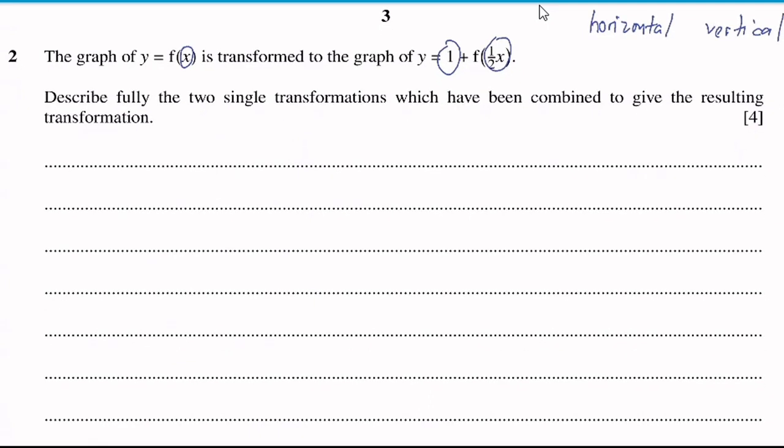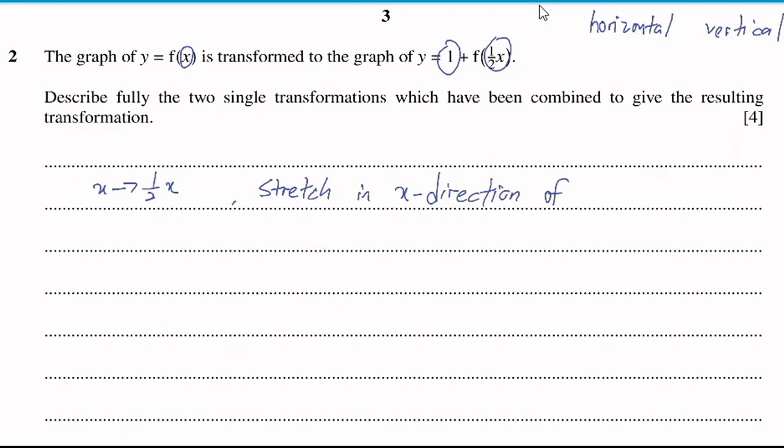For the horizontal transformation here, x becomes half x. In this case it is actually a stretch, and we need to mention the stretch in the x direction, or parallel to the x-axis. Now x becomes half x.